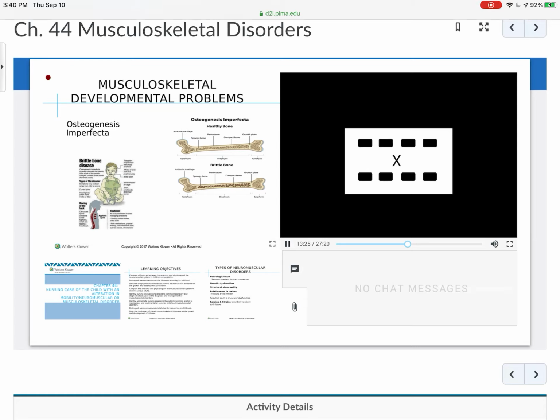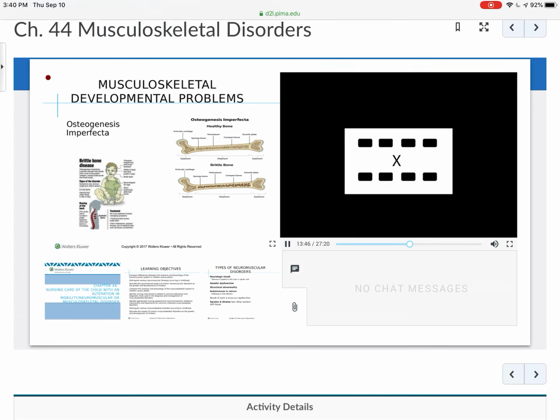So, it's not as common as people think. And sometimes people who are being accused of child abuse will say, oh, my child has OI. Well, that's a birth diagnosis, so it doesn't just happen later in life.